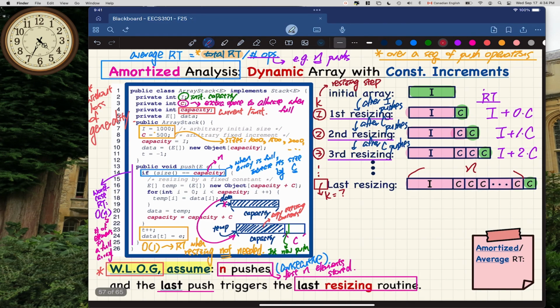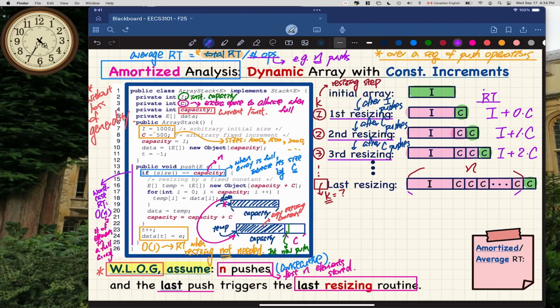If this is K, we got 1, 2, 3, all the way to K, right? We said earlier, the amount of work that we have over here should be exactly the step number minus 1 here. Agree? So now, accordingly, if you think about right here, what would be the amount of work?